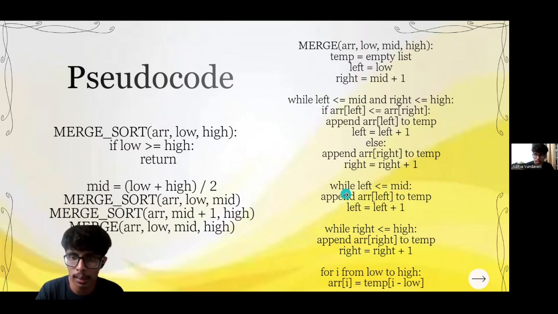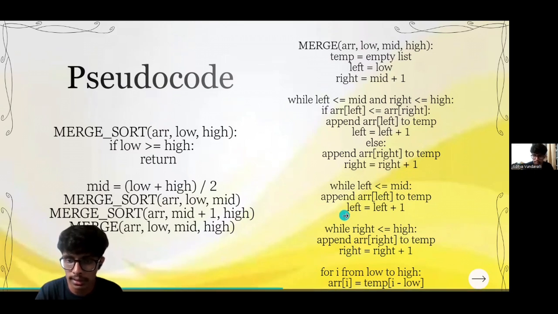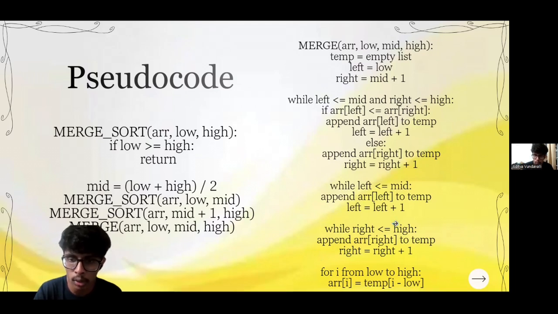If, while comparing, a few elements are left behind, we can directly put all the remaining leftover elements into the array. That is what these two while loops do. The last for loop puts all the elements in the temporary list into the array. So that is the basic explanation of merge sort.